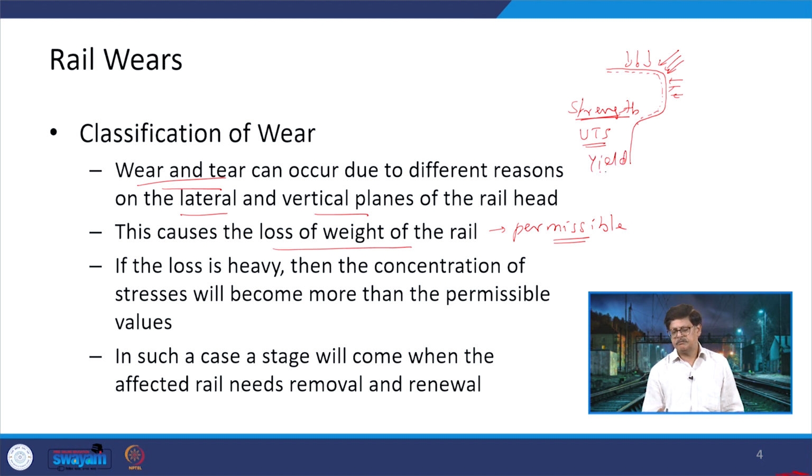These are a few of the points which we have discussed previously also. When we talked about the flow of the material, we talked about the flaking or shelling of the rail head. In all of those cases, this was discussed.